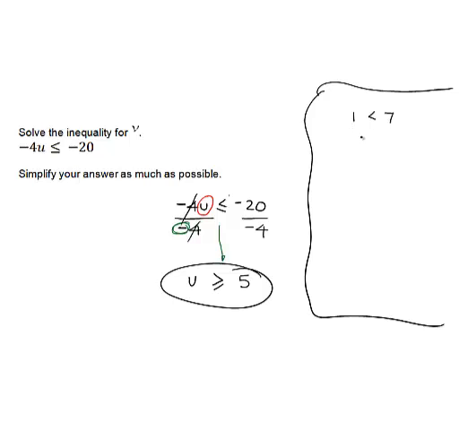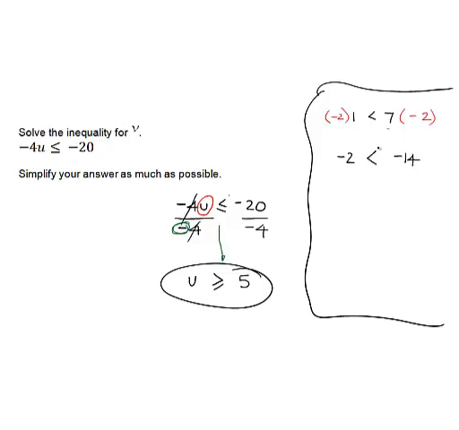If I multiply both sides by a negative number, let's multiply by a negative 2 on the left, and we're going to multiply it by a negative 2 on the right. And we're going to have negative 2 times 1 is negative 2. And over here, 7 times negative 2 is negative 14.